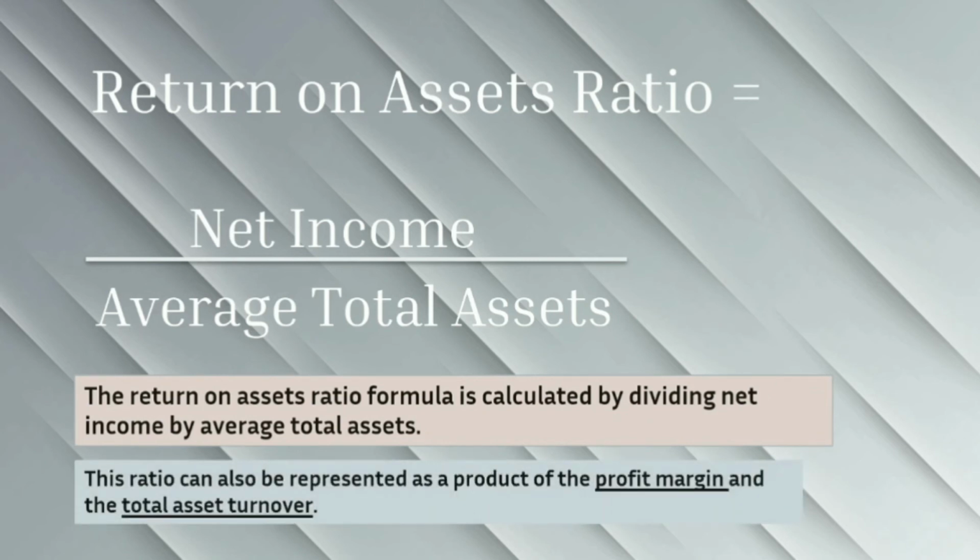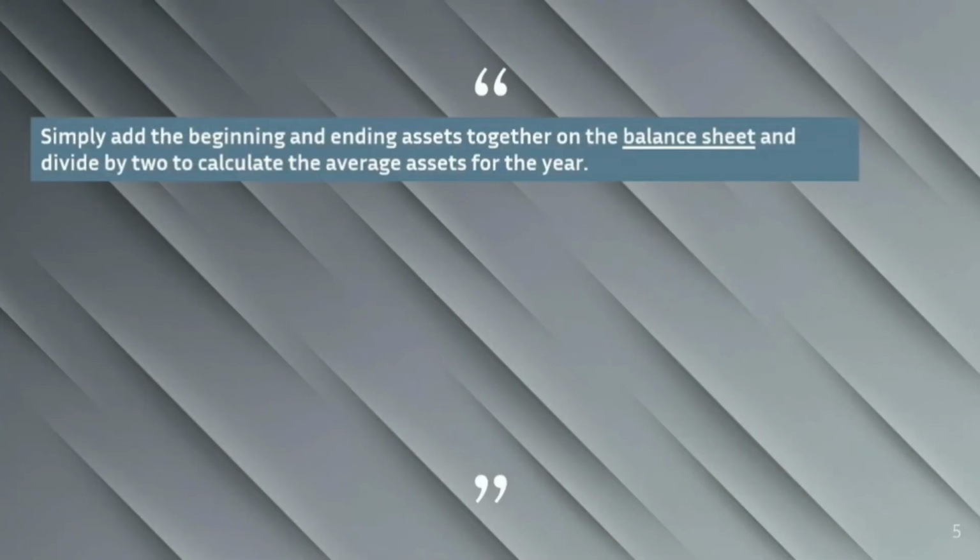This ratio can also be represented as a product of the profit margin and the total asset turnover. So if you want to dig deeper and make an analysis about this ratio, you can use those formulas, the profit margin and the total asset turnover.